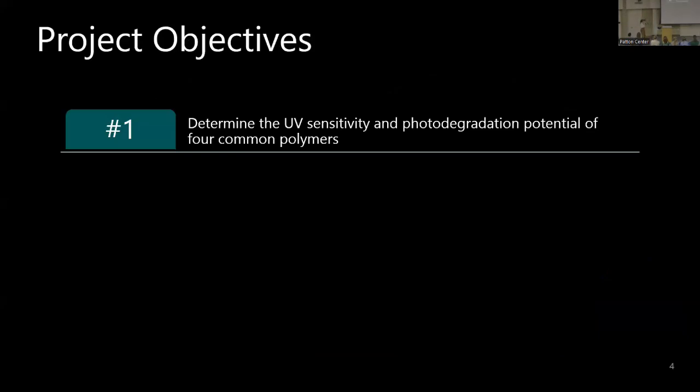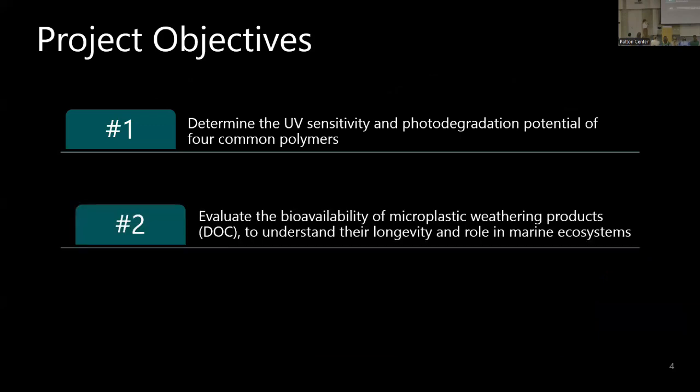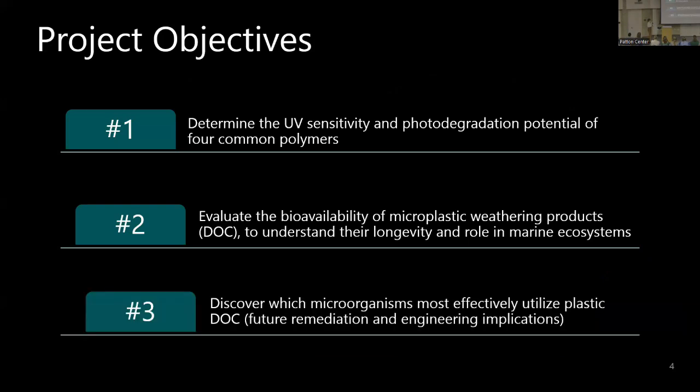So my objectives are to determine the UV sensitivity and photodegradation potential of 4 common polymers, evaluate the bioavailability of microplastic weathering products and DOC to understand the longevity and role in marine ecosystems, and then discover which of my microorganisms most effectively utilize plastic DOC, with the hope that we can use that information for remediation and engineering of those enzymes that degrade the plastic in the future.